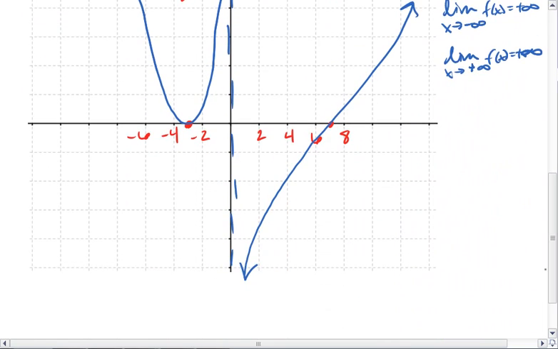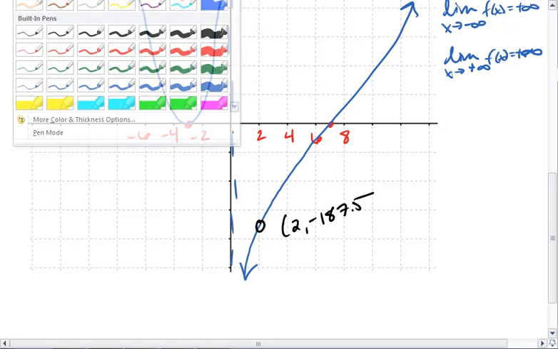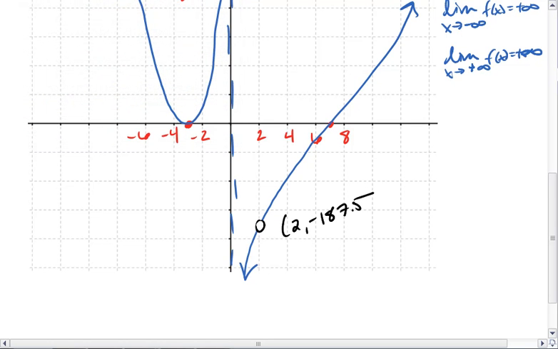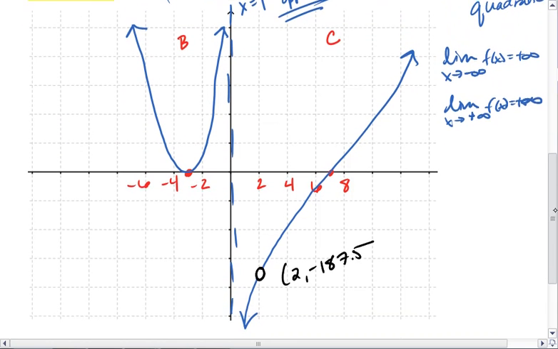We have a hole at 2, -187.5. So I'm going to white out the middle of that hole. And that is the sketch of our function.